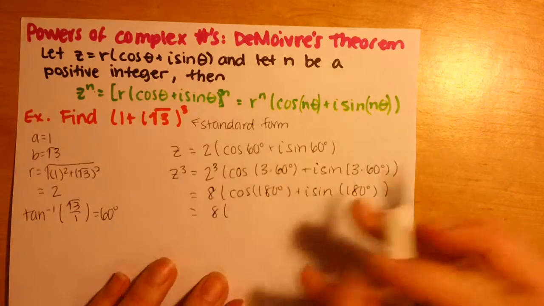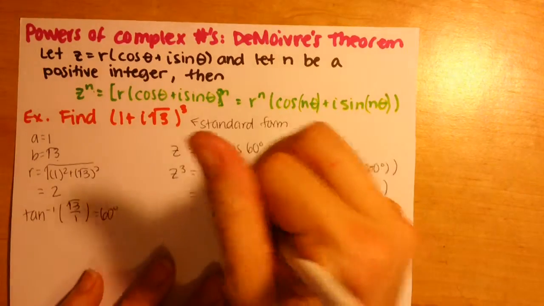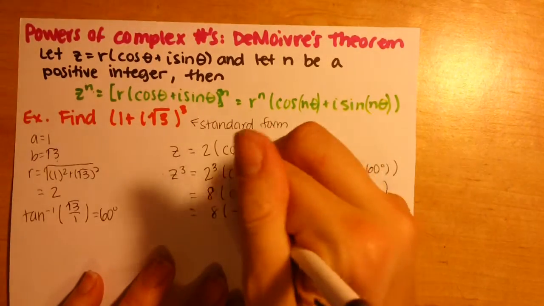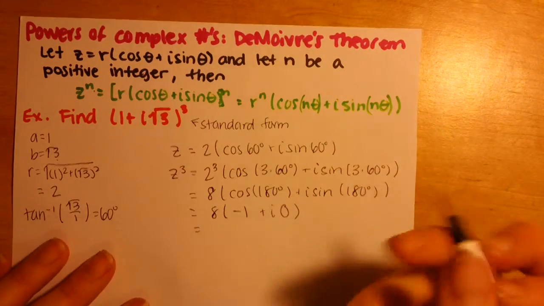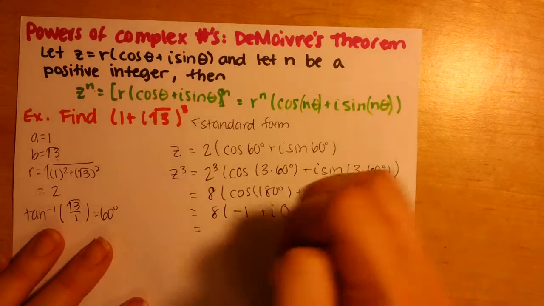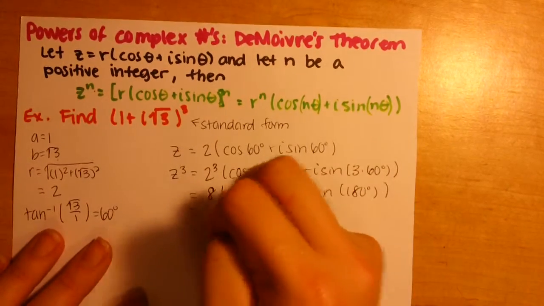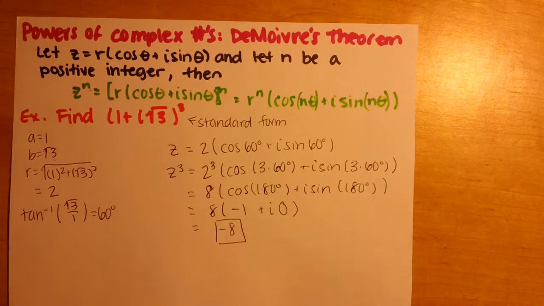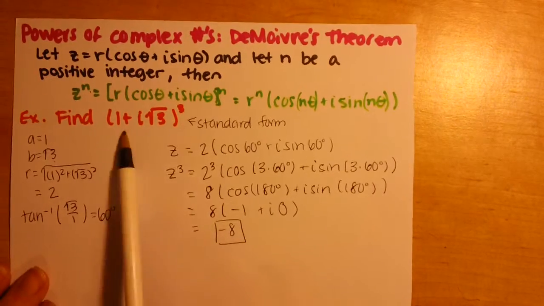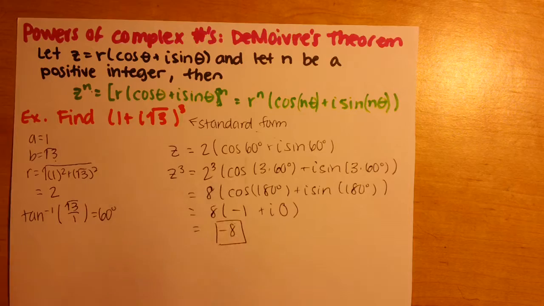So that gives me 8. The cosine of 180 is negative 1. And the sine of 180 is 0. So now I have negative 8 as my answer. Okay? You can also check this by multiplying this together 3 times, but that gets tedious.